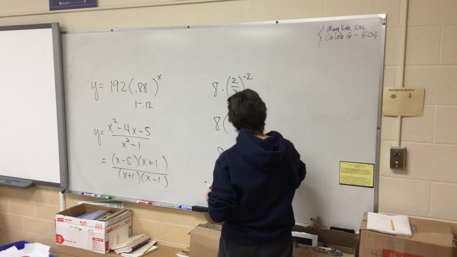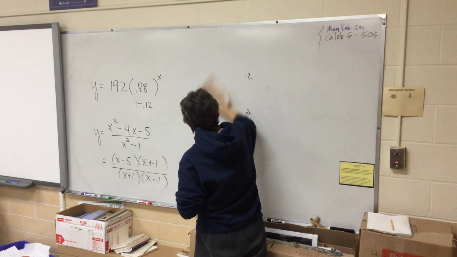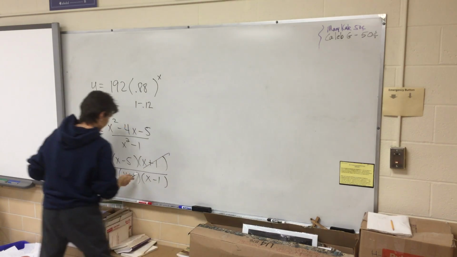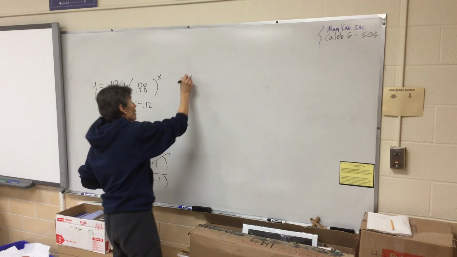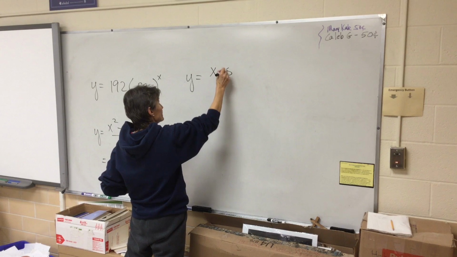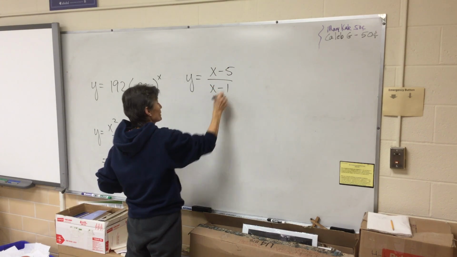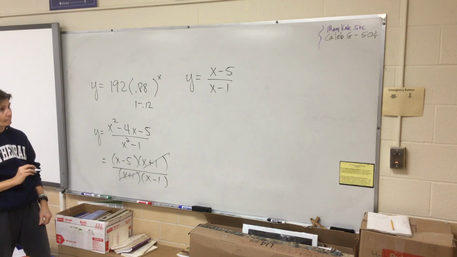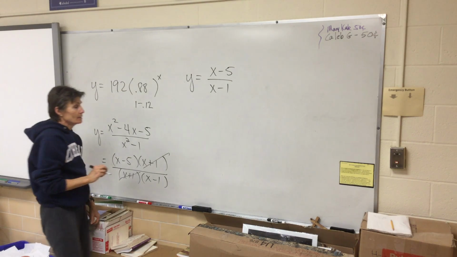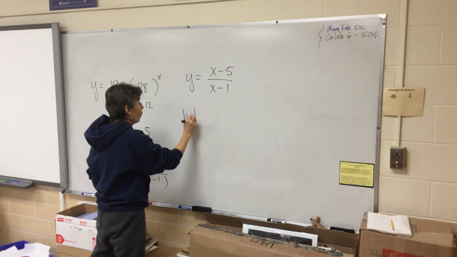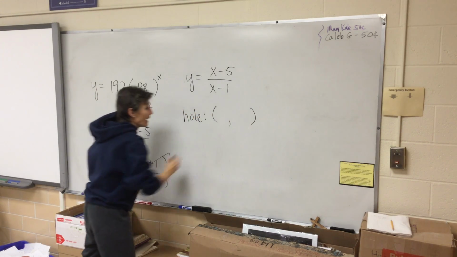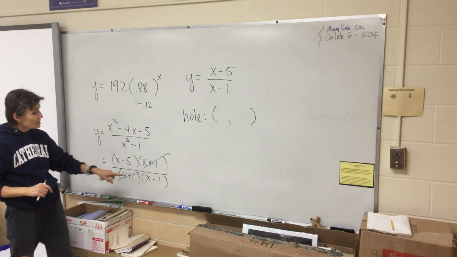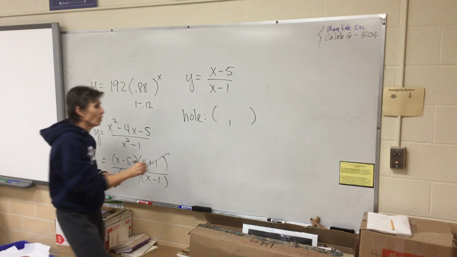Now, you notice that we can cancel. So our problem reduces to simply this. There will be a hole at the point that I canceled out, the x value that I canceled out. So I canceled out negative 1.